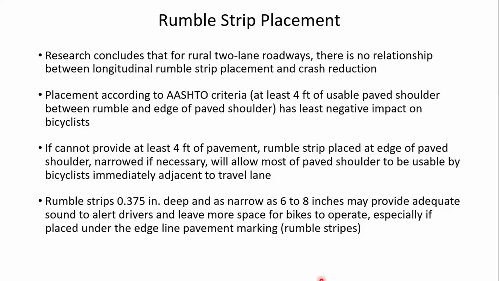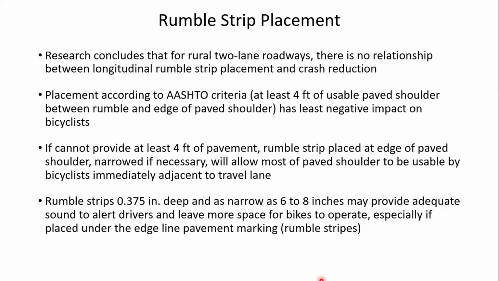Meaning basically the rumble strip could be at the edge line or on the shoulder or at the back of the shoulder, and the roadway crash situation or crash reduction would not be affected.